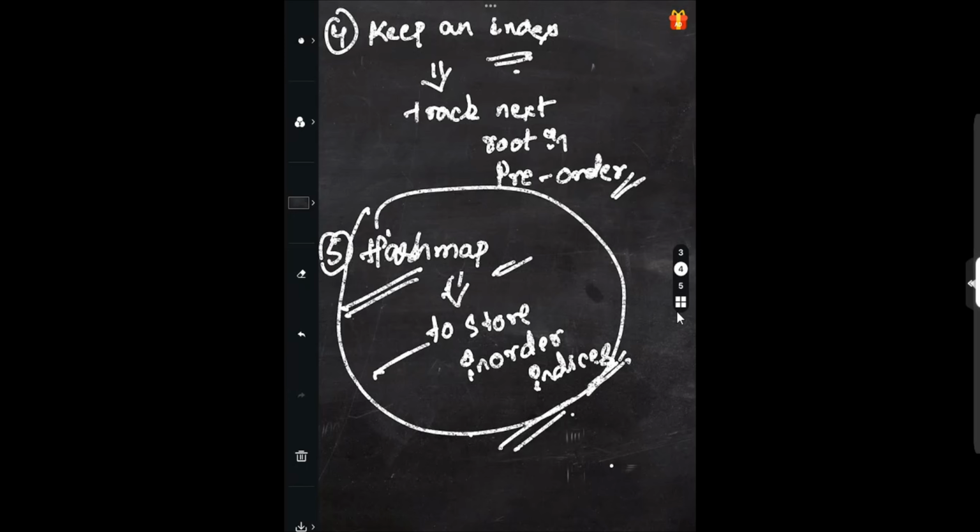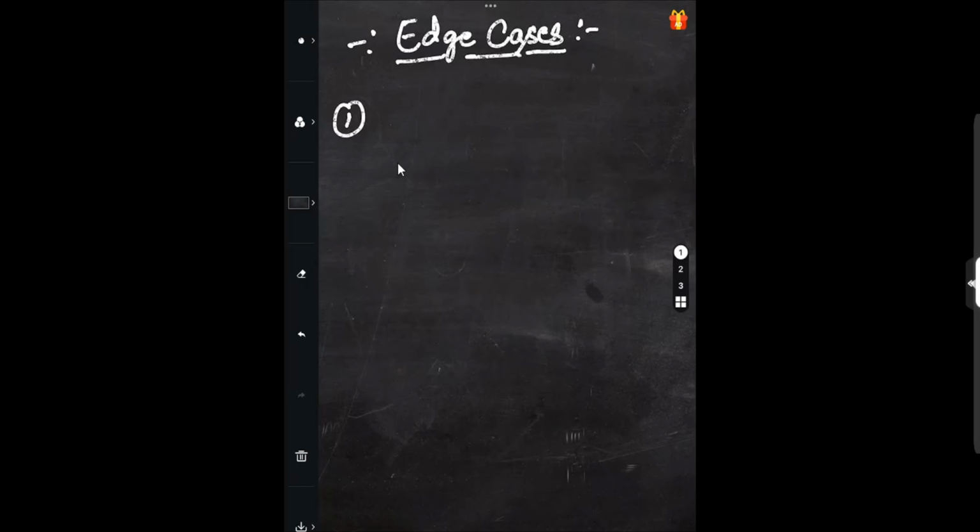So next, let's discuss the edge cases one by one. The first edge case is the single node tree. When I say single node tree, for the input, let's consider P for the preorder and I for the inorder. For the preorder, I'll consider -1, as we are going with a single node. For inorder also, I'll consider -1.